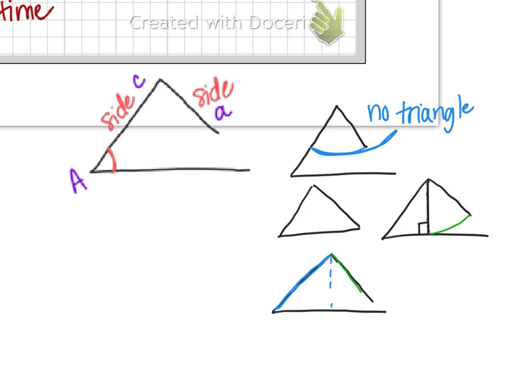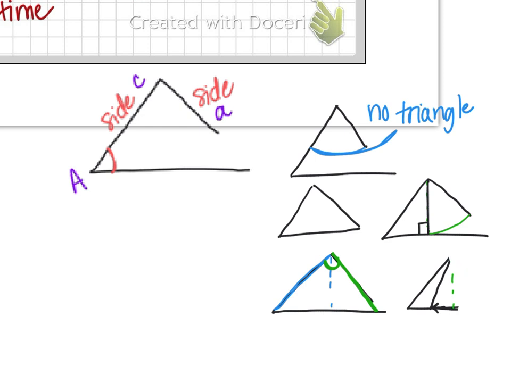So you can have one possible triangle here, creating a larger angle at the top, or this side could potentially swing in and go this way, go past the height, and create a triangle here.